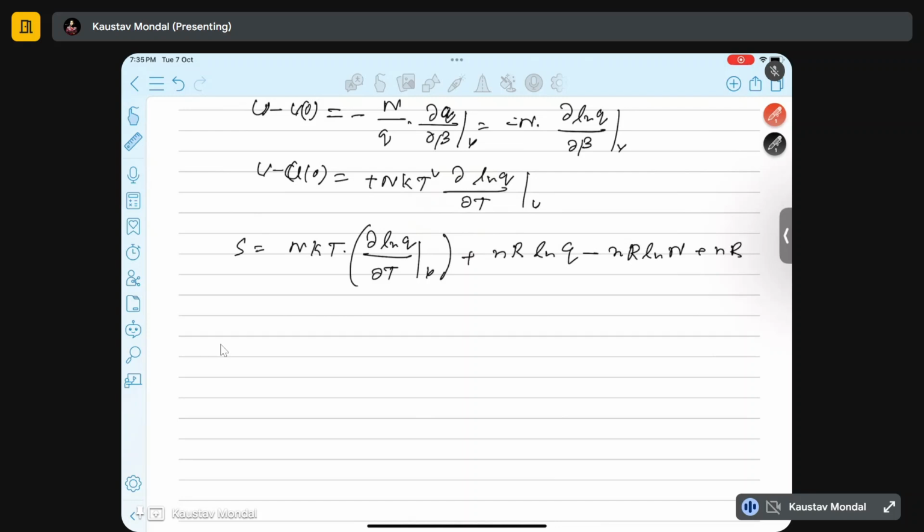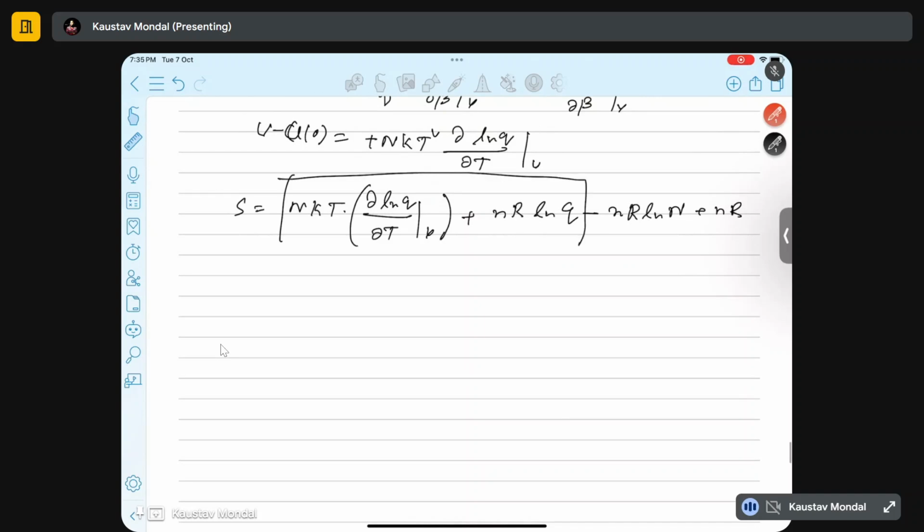As you can see, these two terms depend on q. Whatever the contribution of the rotational, vibrational, or translational partition function, that would be reflected in these two terms, right?